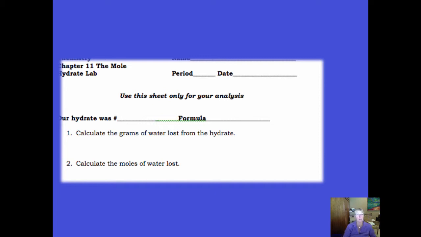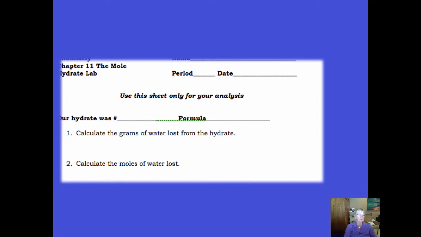Okay, so the calculations are actually pretty simple. There are also examples in the textbook, but simple subtraction will allow you to calculate number 1. You know the mass before you heated it, you know the mass after you heated it. Whatever the difference is, that's the amount of grams of water that was driven off from your hydrate.